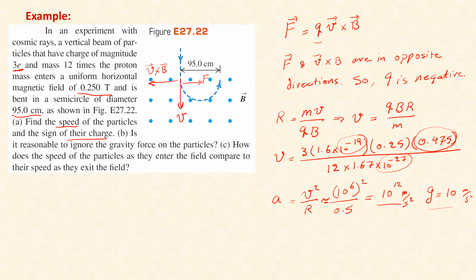Any questions? Professor, can you explain real quick why it's pointing to the left for the V cross B? Yeah, anytime you want to calculate the cross product of two vectors, you put the four fingers of your right hand in the direction of the first vector, which is downward, and then turn into the second vector, which is out of the page.